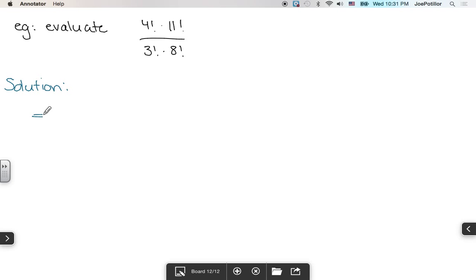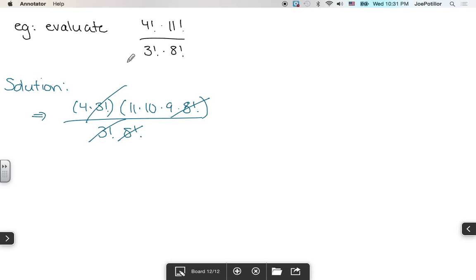So thusly, we have 4 times 3 factorial, 11 times 10 times 9 times 8 factorial over 3 factorial times 8 factorial. Those 8 factorials die, the 3's die there too.